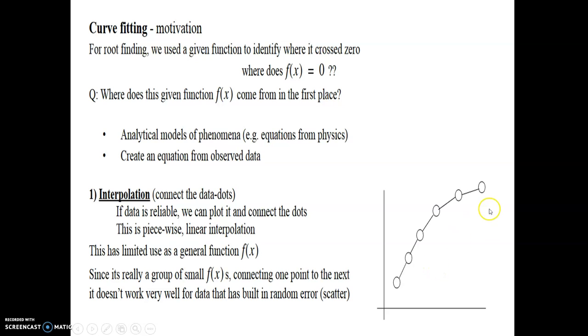This is known as linear interpolation. You can see it is a group of small functions, each connecting one point to the next.